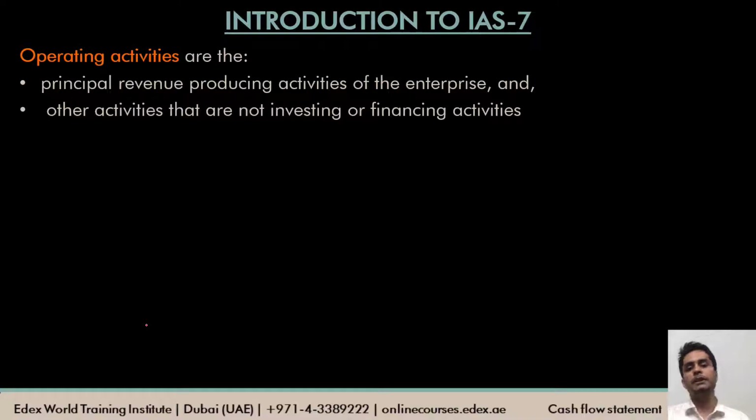For a bank, the principal revenue producing activities would be giving loans, accepting deposits, and receipts and payments of interest, etc. Other than that, operating activities also includes all other activities which are neither investing activities nor financing activities. So I can say that operating activity is also the residual head for the purpose of the statement of cash flows. I will come back to this again and give you some examples of which type of transactions this applies to.